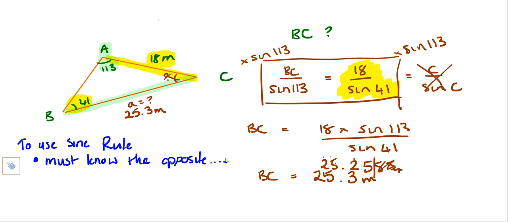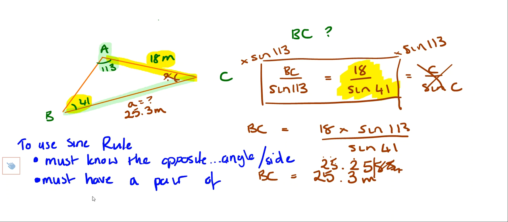So you fill in the blank: angle, side. Okay. And also, you must have a pair of side and angle. If you don't have one of those things, you can't use sine rule. But that's fine, because if we don't have it, then we'll just move on and use cosine rule.